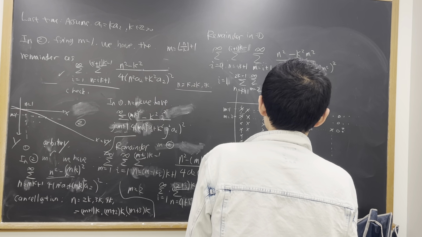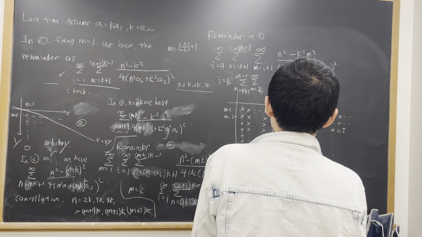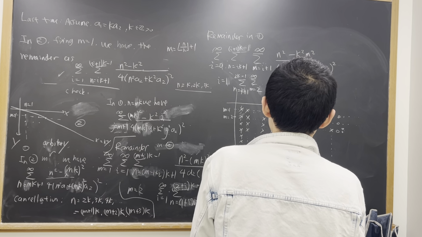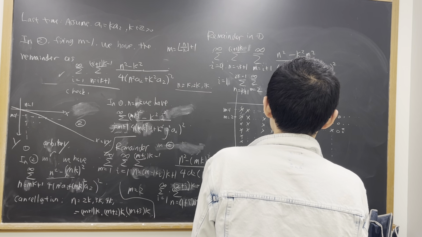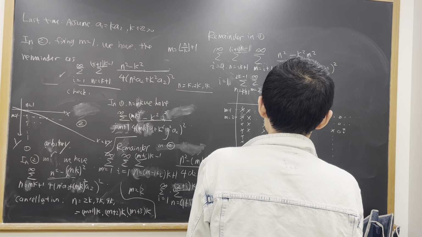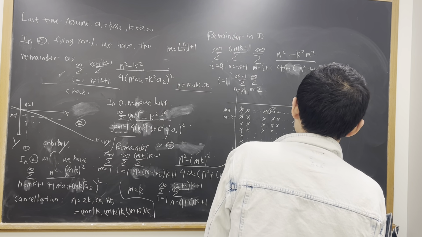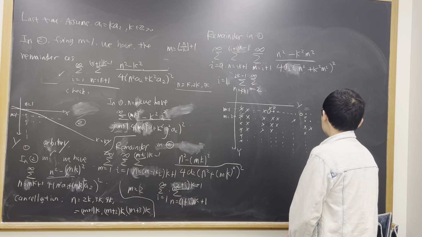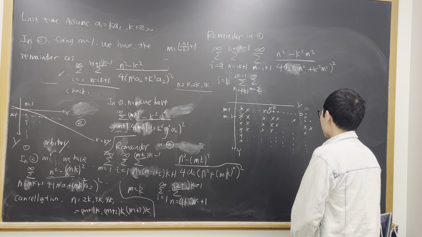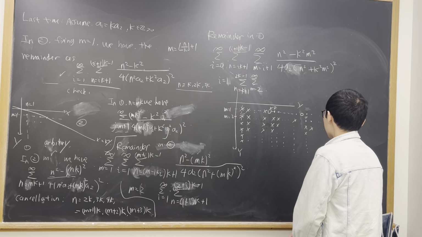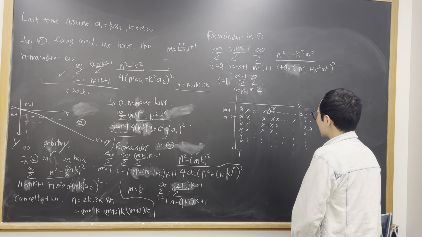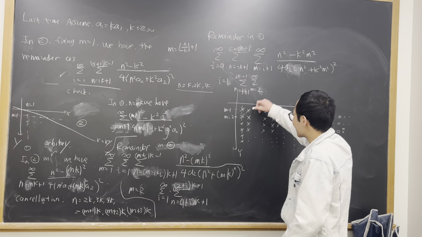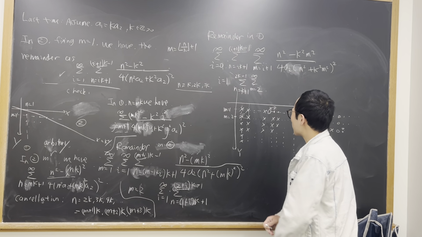Let's count the, so will this converge? So let's use this. Let's use this k barrier.